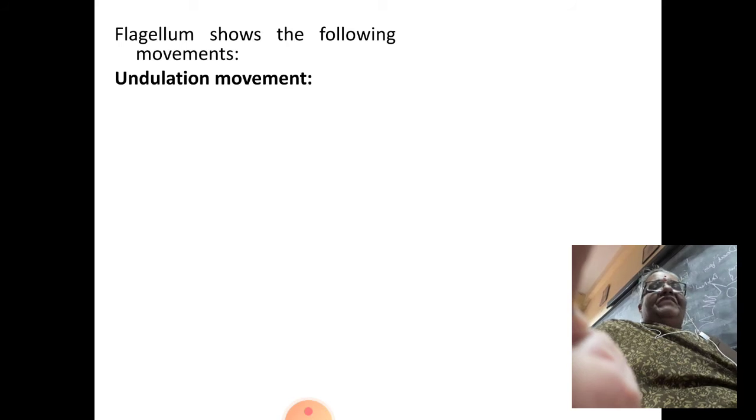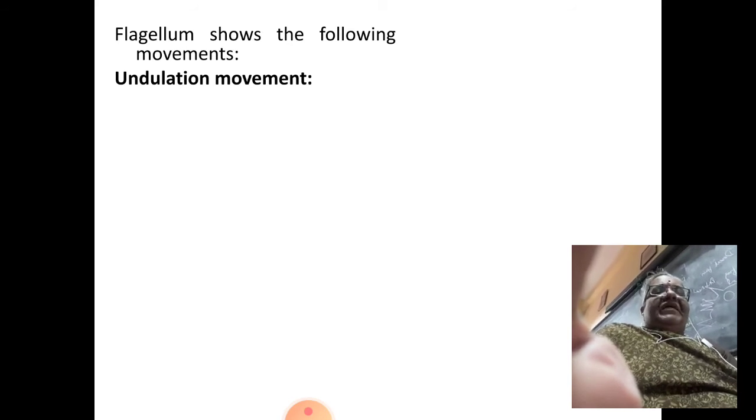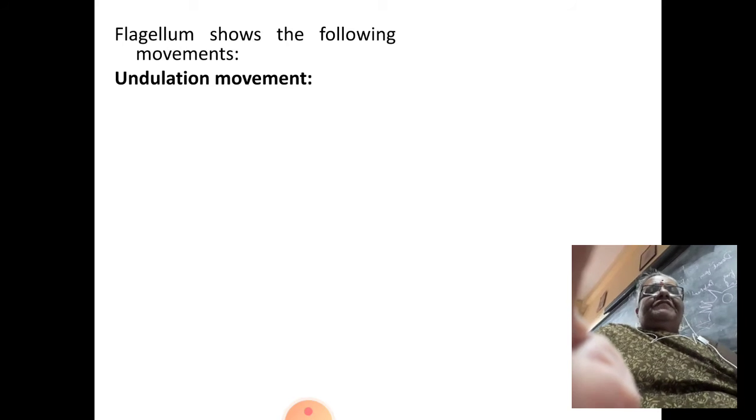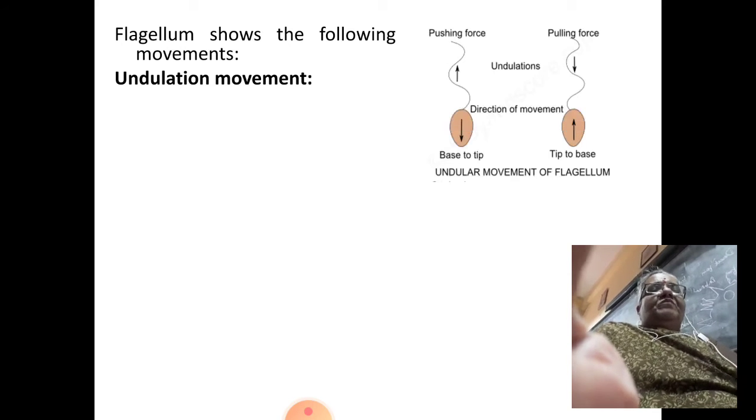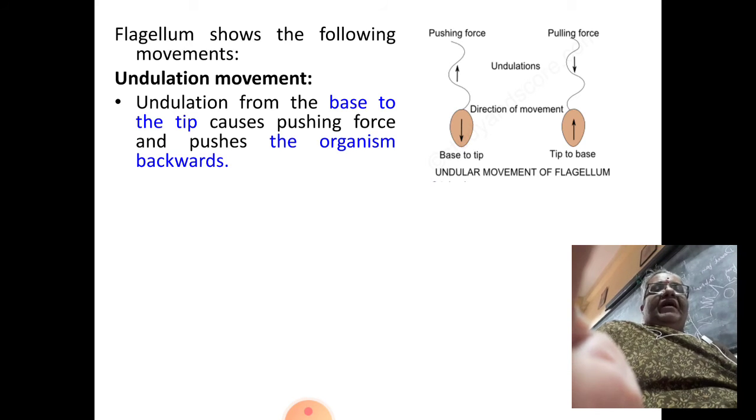So, with this background, let us see what are the different types of movements exhibited by flagella. First movement is undulation movement. You can see the diagram. There are 2 types, undulation from base to the tip and undulation from tip to the base. In the first case, undulation from the base to the tip causes a pushing force and pushes the organism backwards.